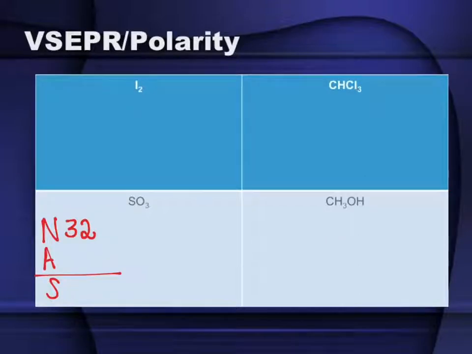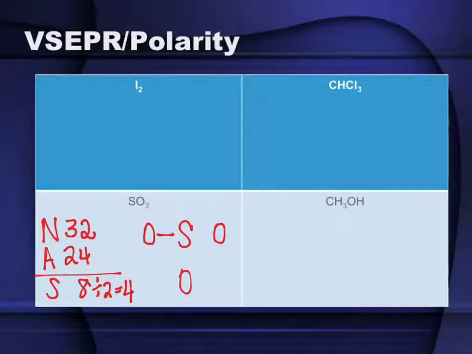Available, 6 times 4 is 24. Shared is 8, divided by 2 is how many bonds? So sulfur, oxygen, oxygen, oxygen. Put in your bonds. 1, 2, 3.